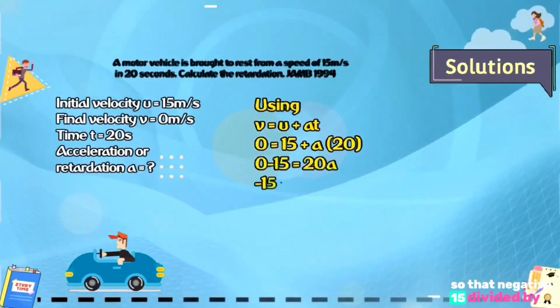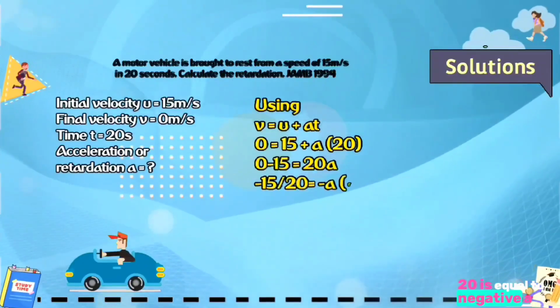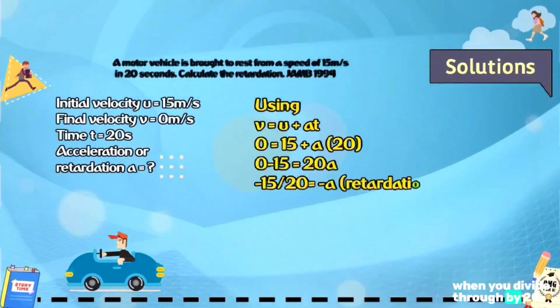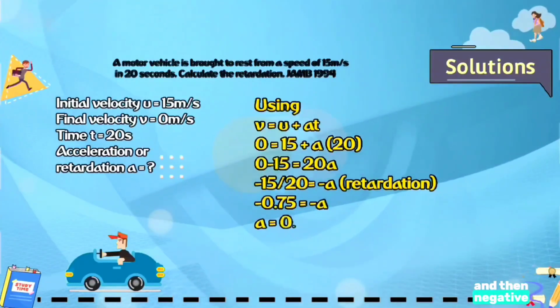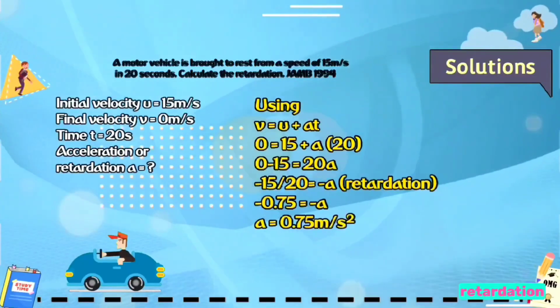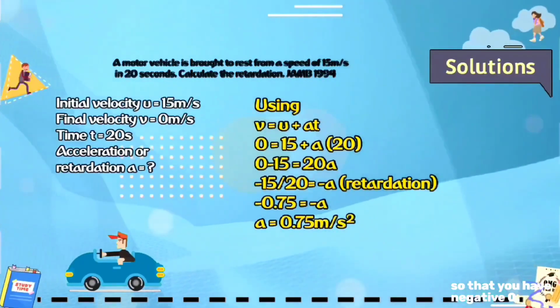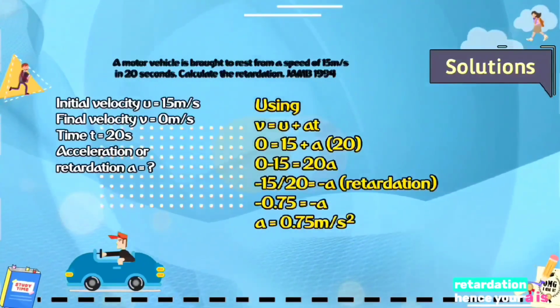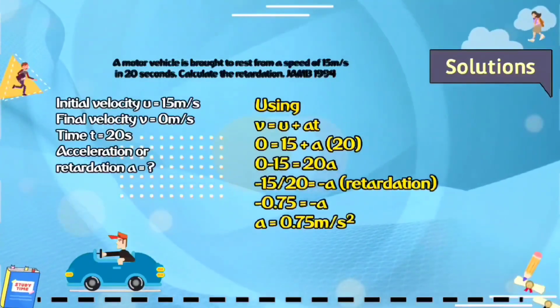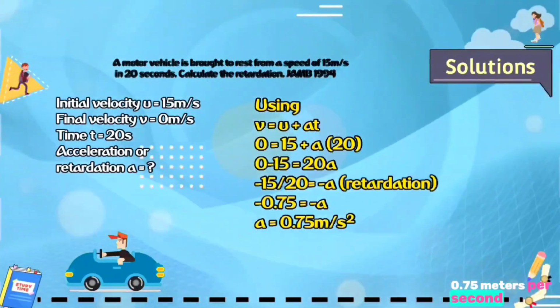So that negative 15 divided by 20 is equal to a when you divide through by 20, so that you make acceleration the subject of formula. And then negative acceleration becomes retardation. So that you have negative 0.75 is equal to a, because we are dealing with retardation. Hence, your retardation is equal to 0.75 meters per second squared.